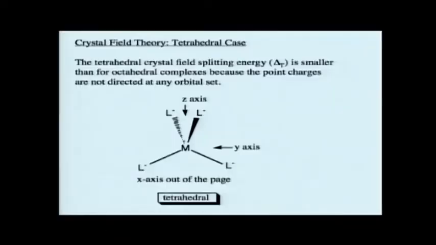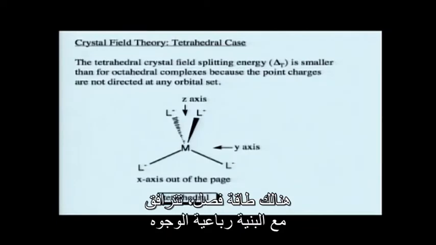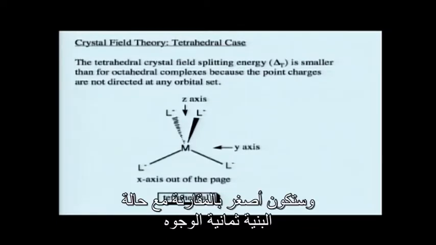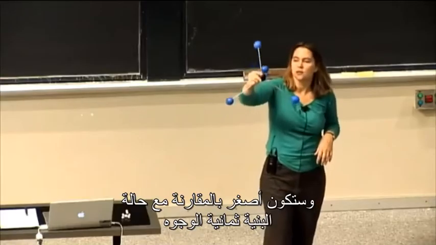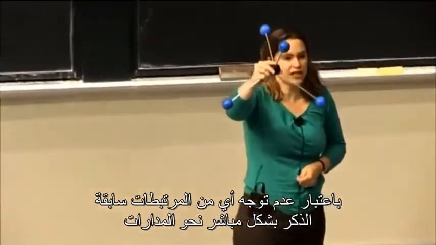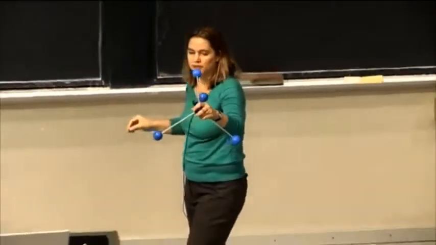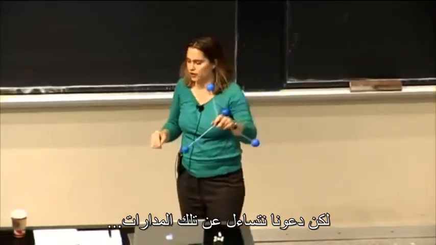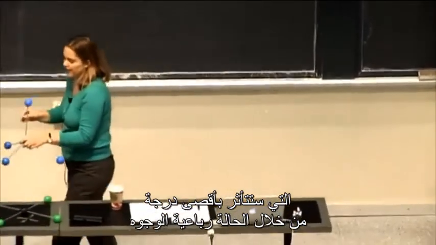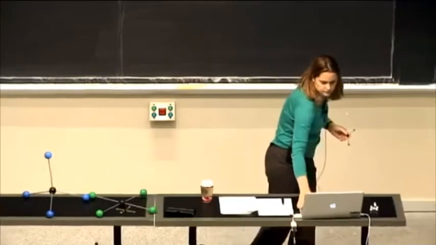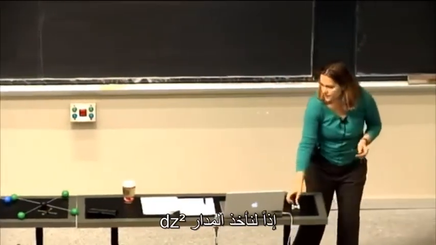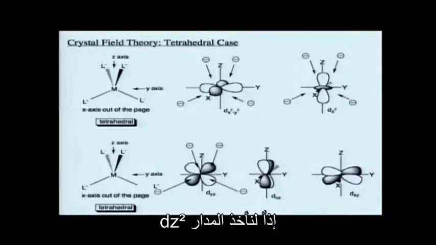So there is an energy splitting associated with tetrahedral, and it's going to be smaller than octahedral because none of these ligands will be pointing directly toward the orbitals. But let's consider which orbitals are going to be the most affected by a tetrahedral case. So let's consider dz squared.